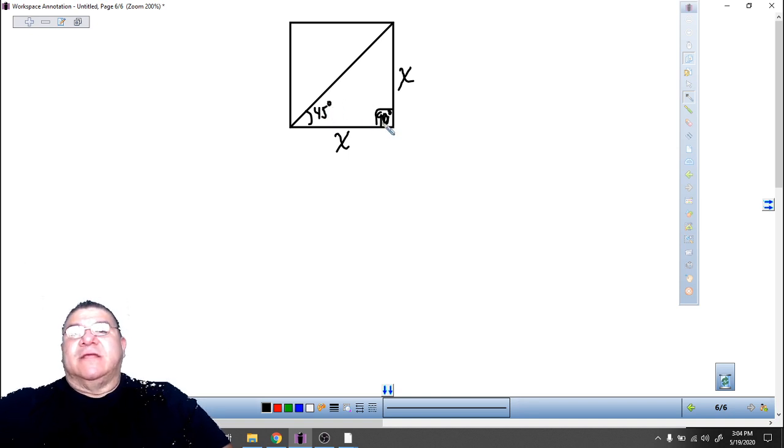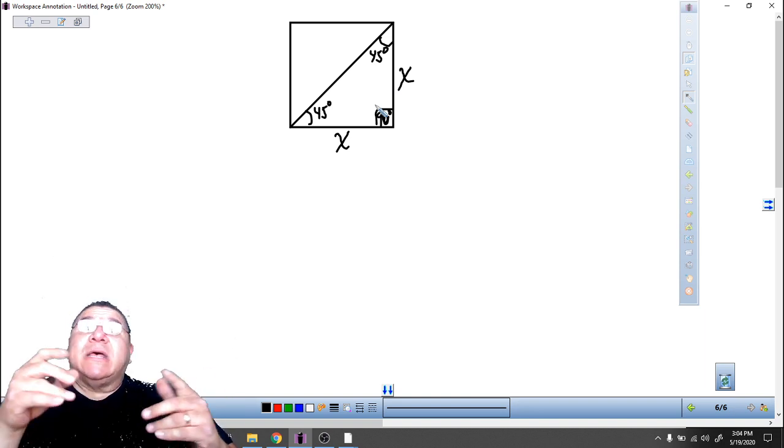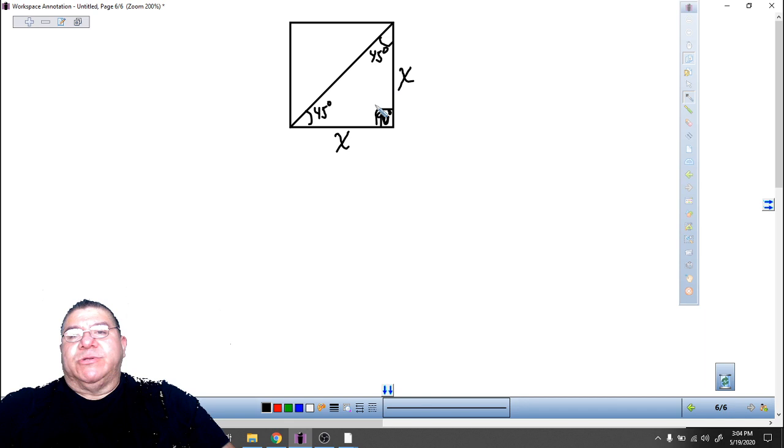So if this is 45 degrees and this angle was cut in half, what is this again? 45 degrees. Now, one of the theorems that you covered in geometry for triangles was that if this side is the same as this side, then this angle is the same as that angle. Do you guys see that? All right. So what is the only length that we're missing? We got this one and this one. We know that they are x.